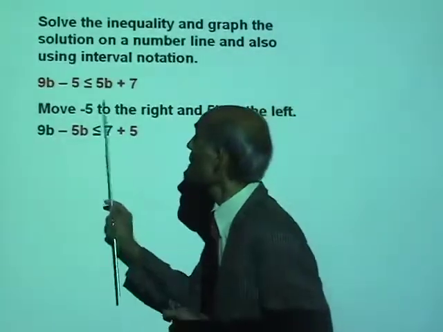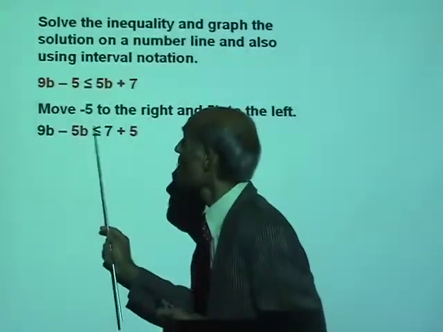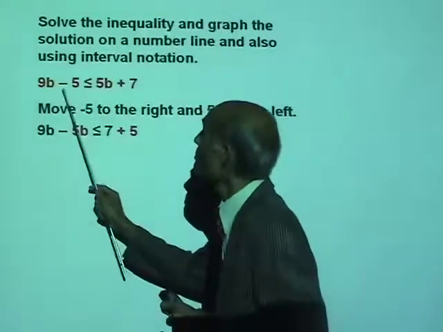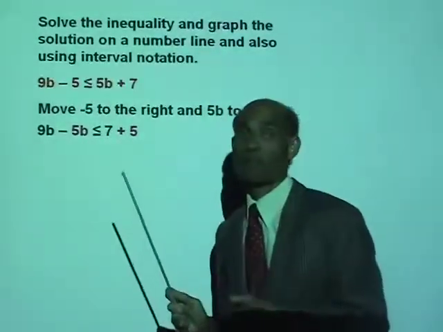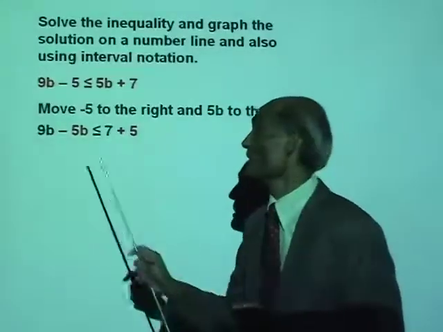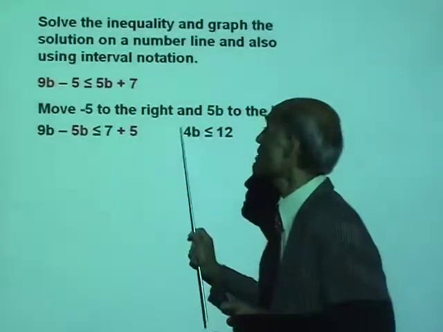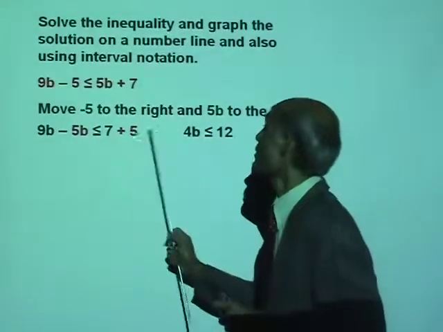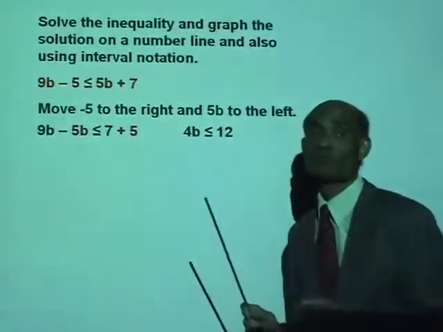So 9b minus 5b less than or equal to 7 plus 5. And what is that now? 9b minus 5b is 4b. 4b is less than or equal to 12.